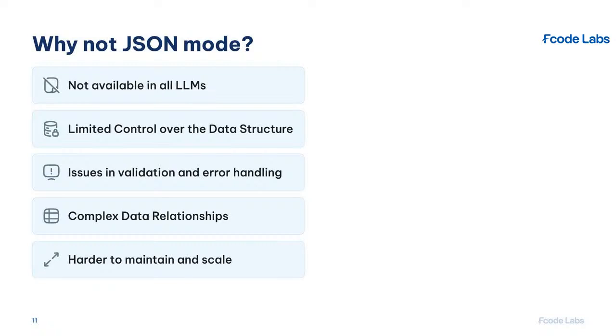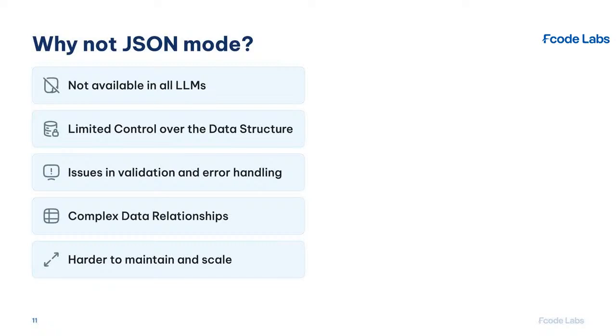We can't do complex data structures like nested data structures or looping data structures or validation and parsing. We don't have control of error handling, which is done on the LLM side, not our side. And complex data relationships cannot be represented with these things.